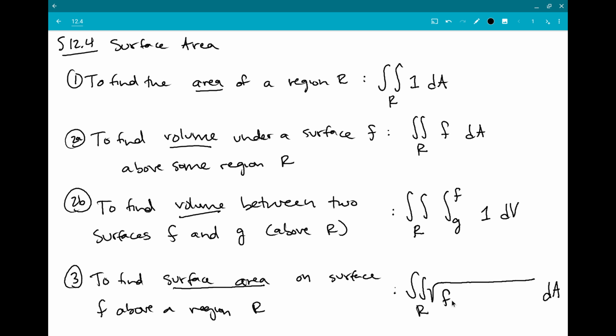It's going to be the square root of f sub x squared plus f sub y squared plus 1.